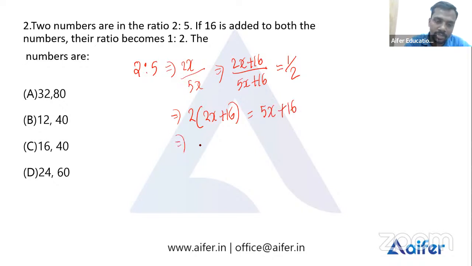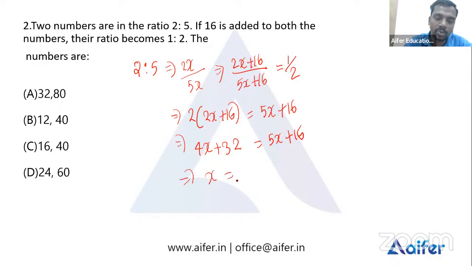That is 4x plus 32 is equal to 5x plus 16.